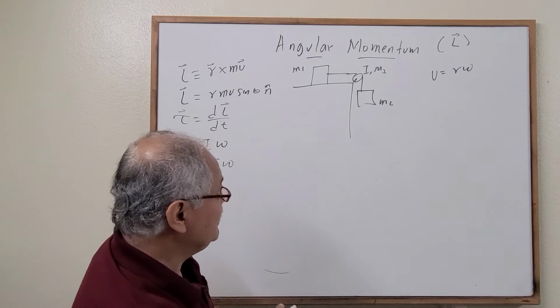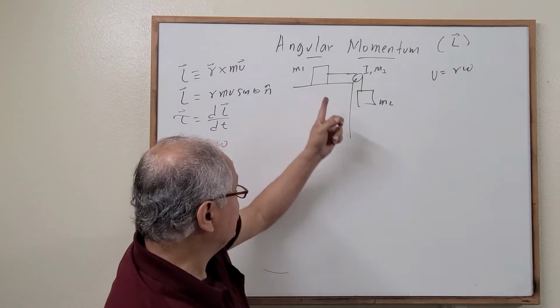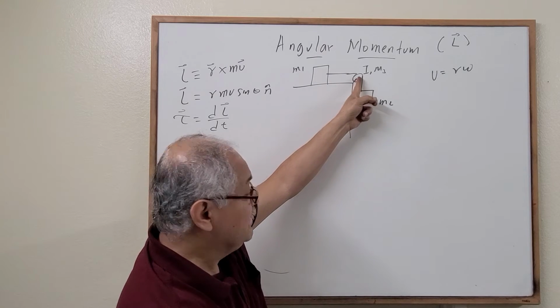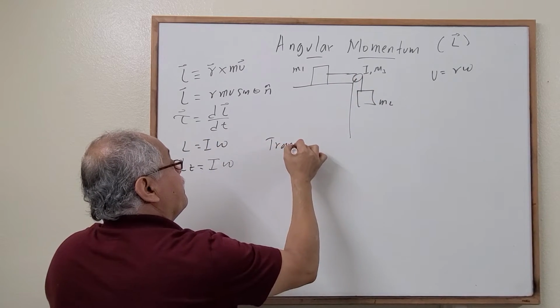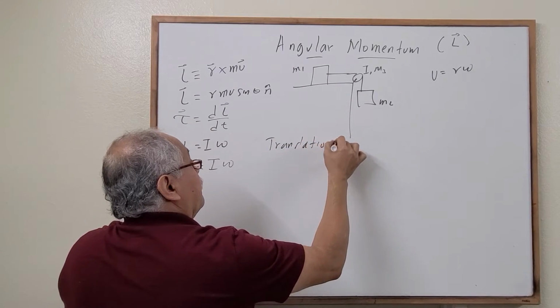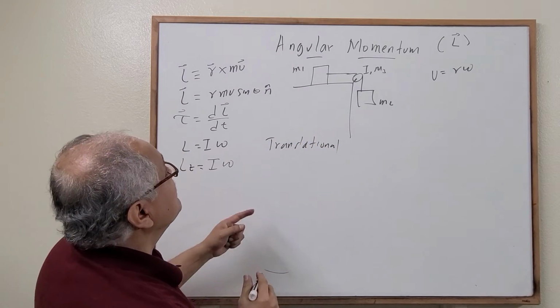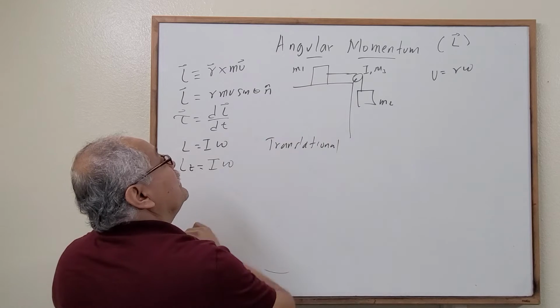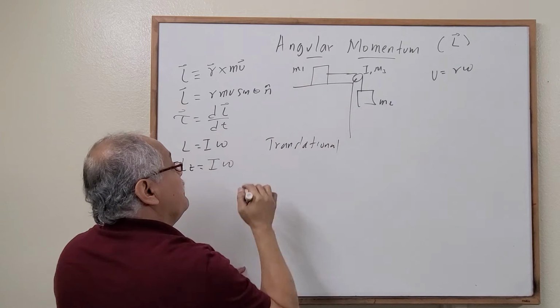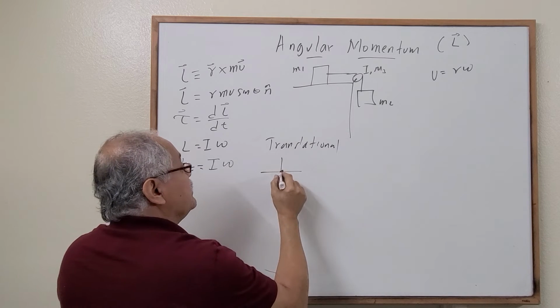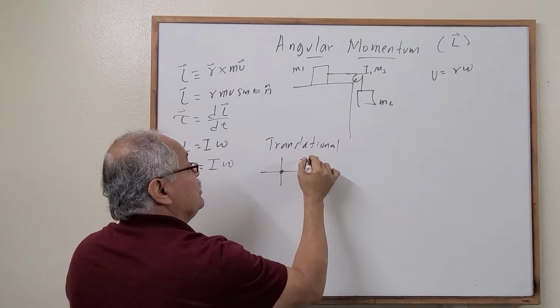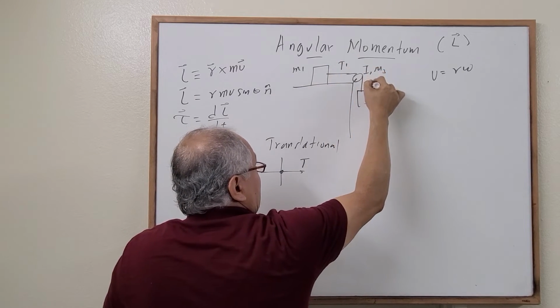Now let's see what happens when we're dealing with translational motion and rotational motion. Let's go to translational motion. Let's find the forces acting on this mass M1. To do that, remember we use the free body diagram. Forces acting are going to be tension, let's call this tension 1, and this tension 2.